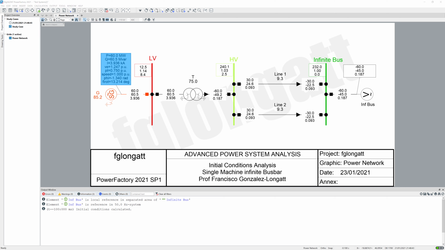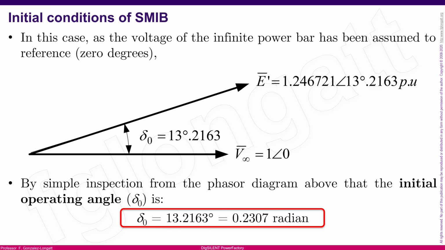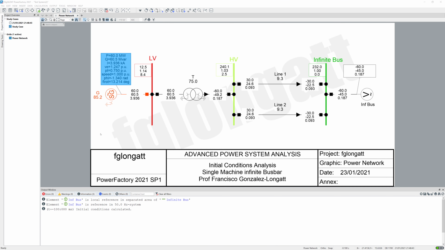That is the angle that we obtain here in PowerFactory. Let's compare that angle with the angle that we got in the manual calculation, okay? If we go to the manual calculation, look over here, 13.216. And inside PowerFactory, we get 13.214, okay? That is similar.